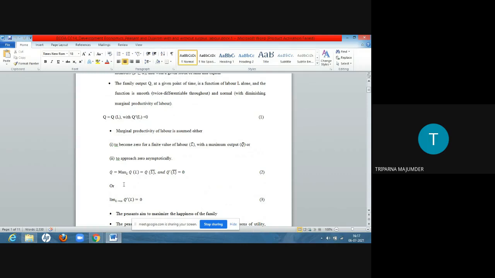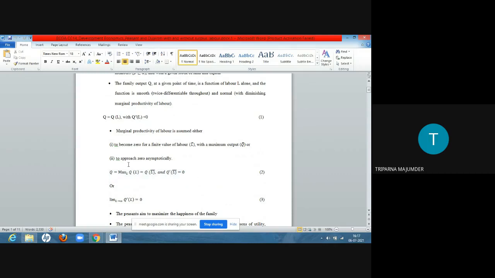That is, the maximum of this production function is Q(L bar), where Q dash L bar is equal to 0. You know, for maximum or minimum, the first derivative is equal to 0. We are saying only that and nothing else over here.